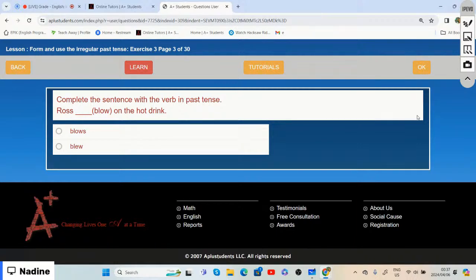Now it says Ross blows on the hot drink or Ross blew on the hot drink. This is now the hot beverages. So Ross blow on the hot drink or in the past, Ross blew.